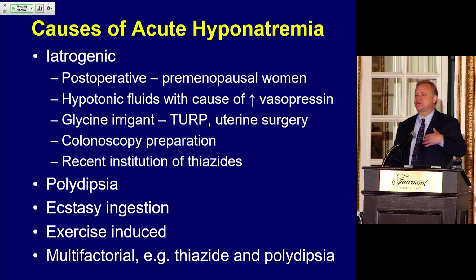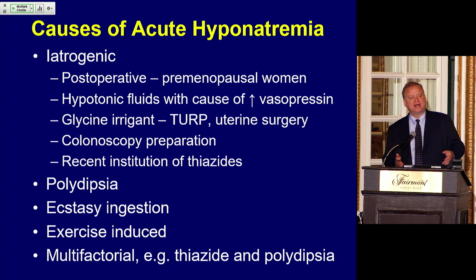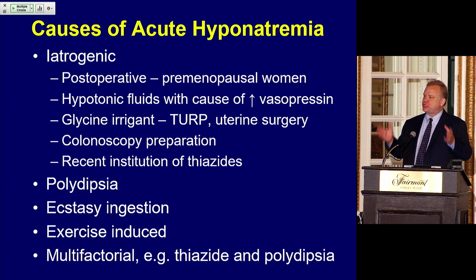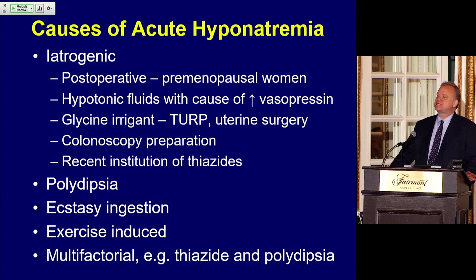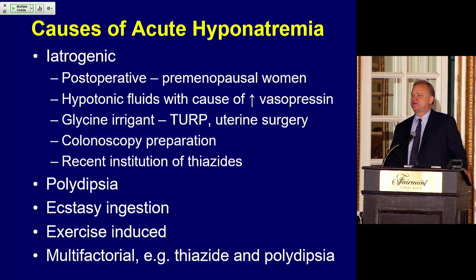This segues into a completely separate differential that we don't always talk about, which is what are the causes of acute hyponatremia, where you get a sudden drop in serum sodium and sudden cerebral edema, and it's really a medical emergency. And I think as nephrologists, we do appreciate that these are extremely important cases, but also extremely rare.